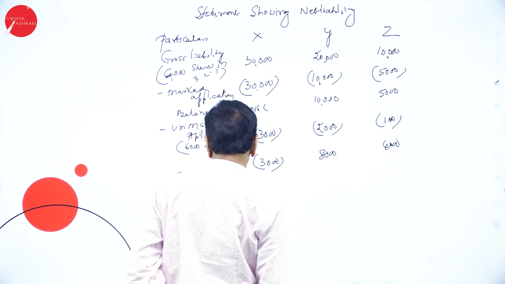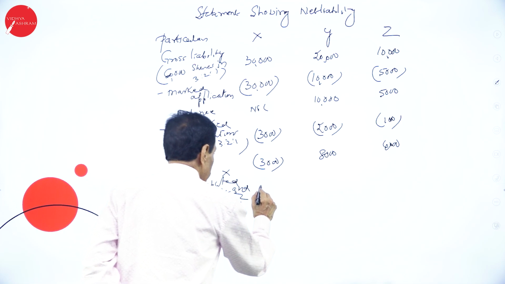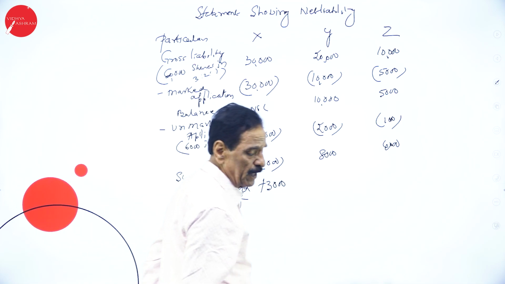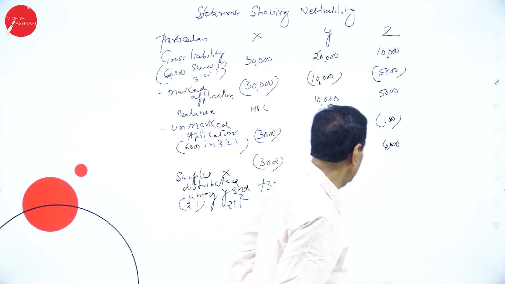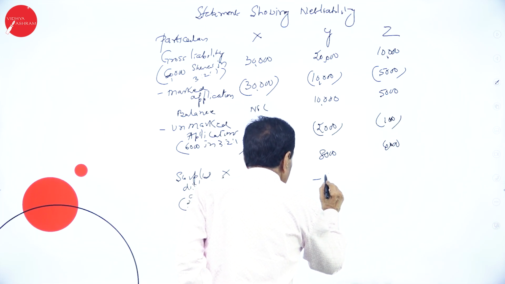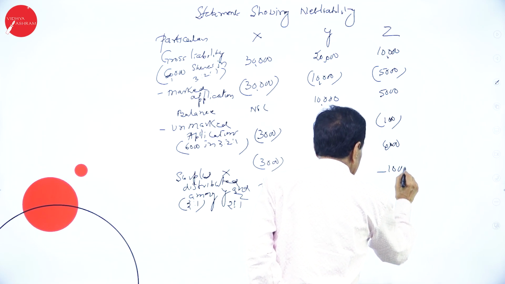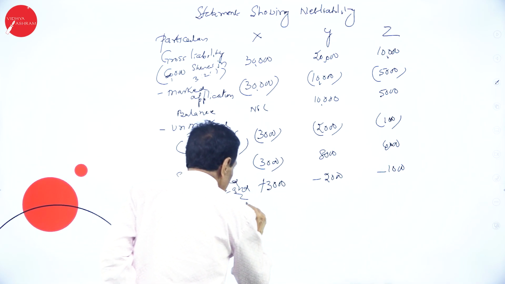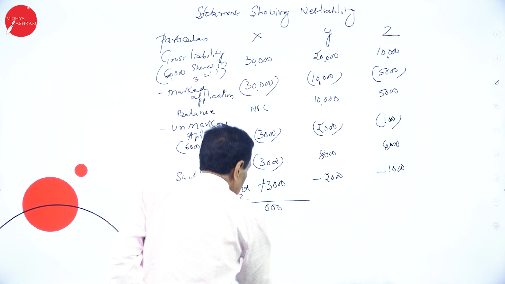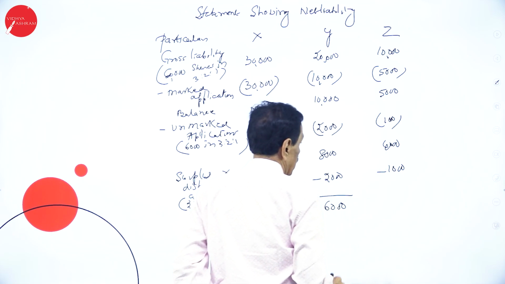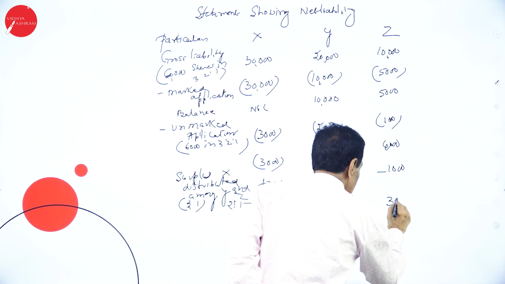So 2 by 3, this is plus 3,000. Then 2 by 3 of 3,000 is minus 2,000, minus 1,000. Deduct. This is 0. This is 6,000. This is 3,000.